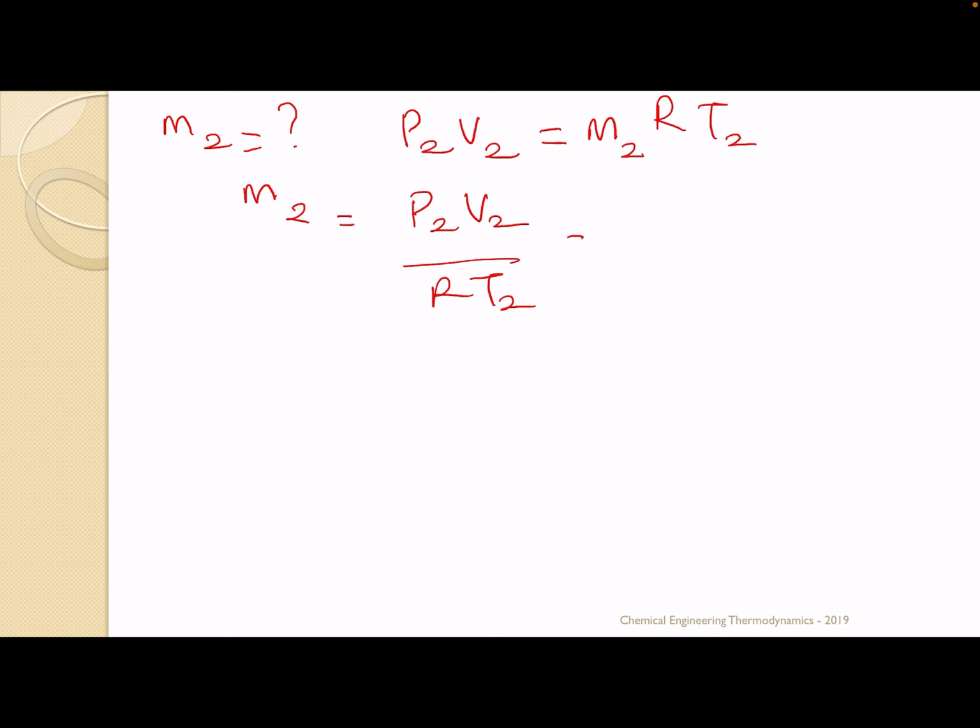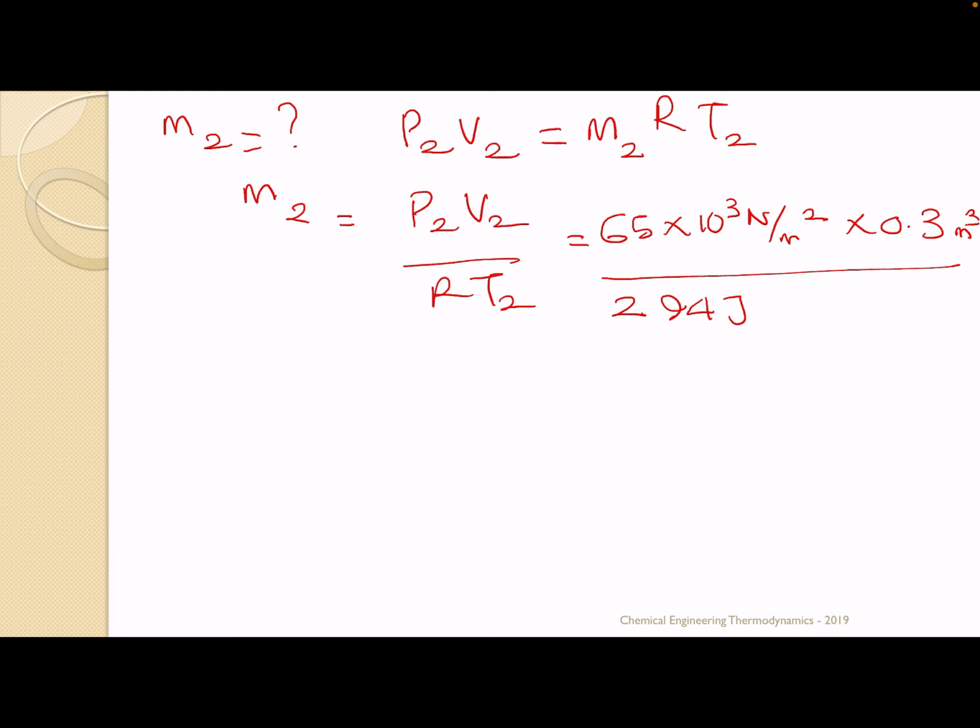So we just plug in everything we've got. 65 times 10 raised to power 3 Newton per meter squared times 0.3 meter cube divided by 294 joules per kg Kelvin multiplied by 323 Kelvin at T2. That cancels that out, this cancels that out, we are left with an M there.